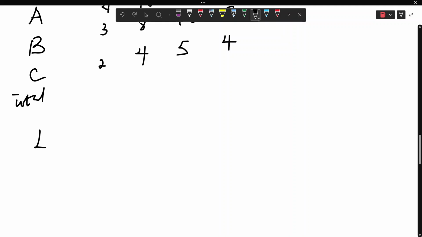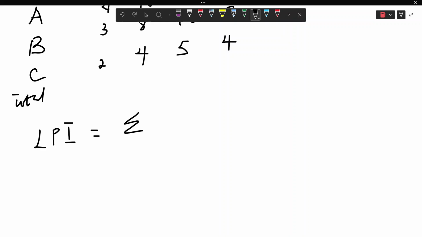So for Laspeyres price index, since Laspeyres uses the base year quantity, and we are dealing with price, you're going to use the base year quantity as weight. So we have price and quantity.